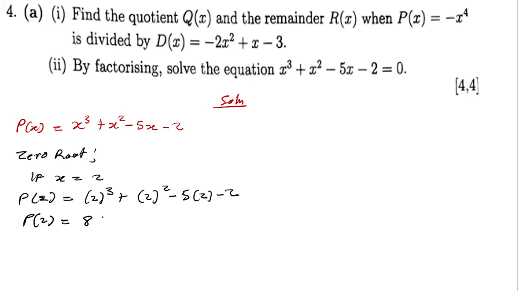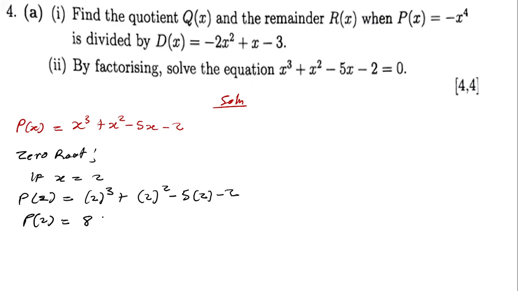After you get that, you can use synthetic division, the same thing we did with math 1120. So p of x is equal to x cubed plus x squared minus 5x minus 2.